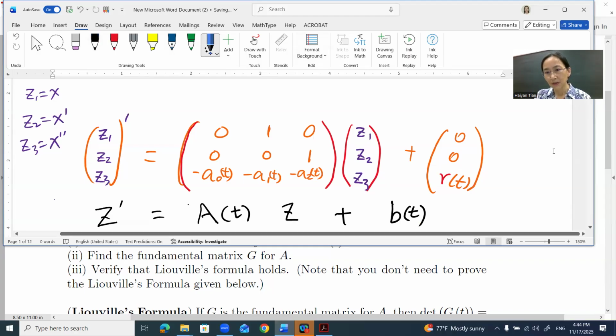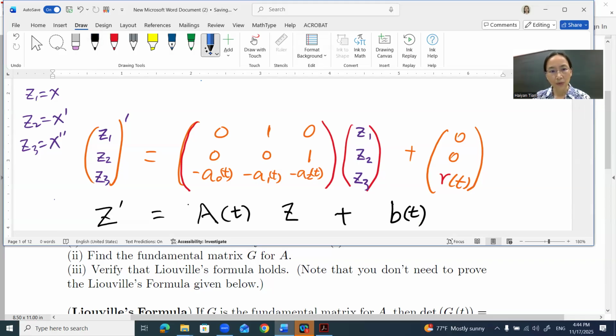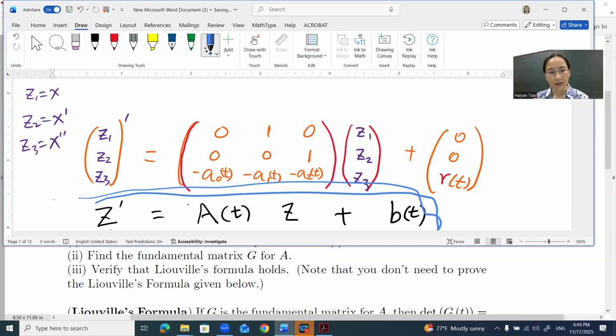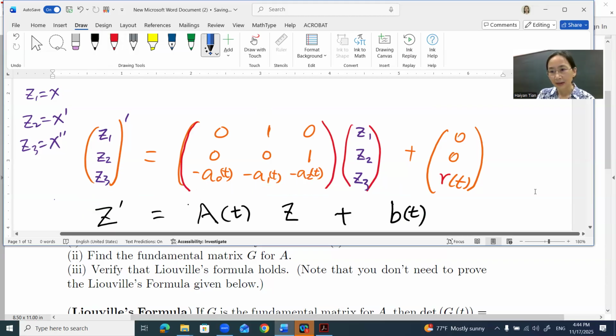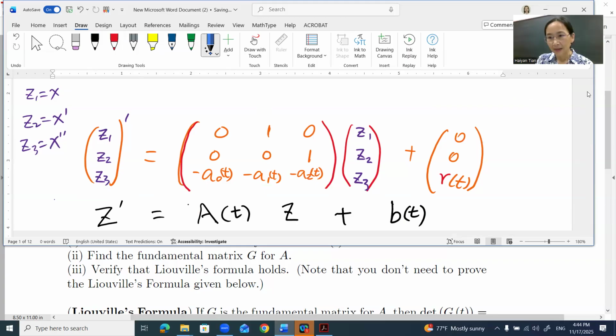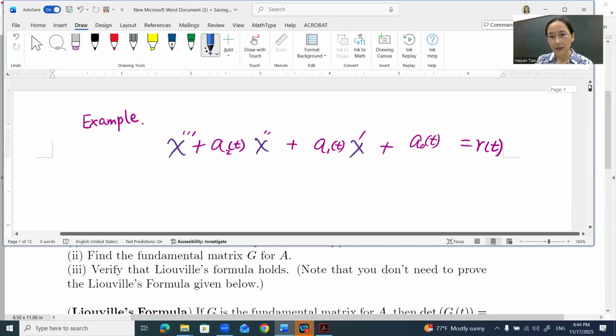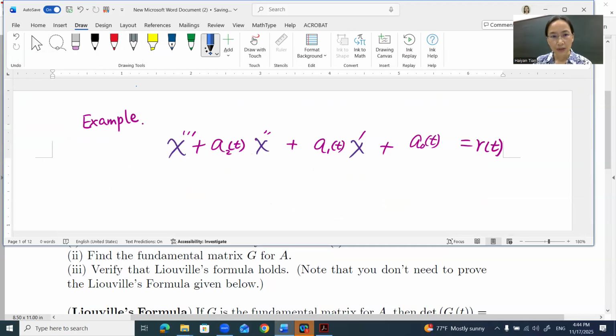So you see, now we have a first order system, right? This is a first order system of three equations. It's a linear system, and non-homogeneous if the original given equation is non-homogeneous.